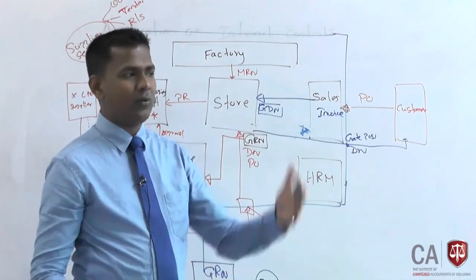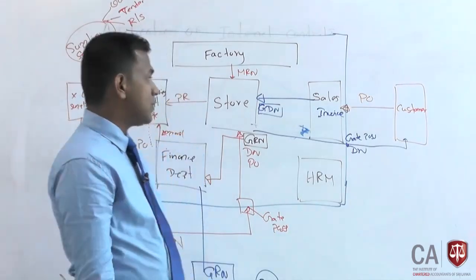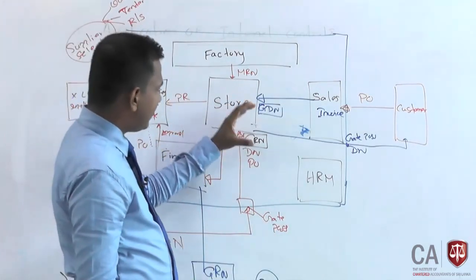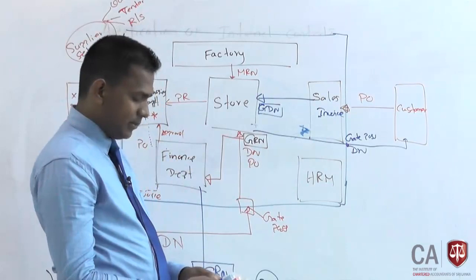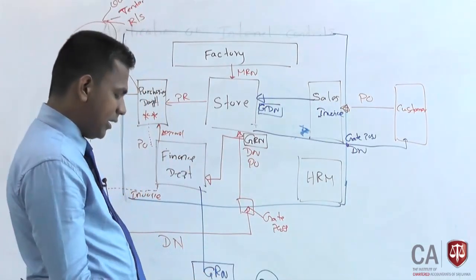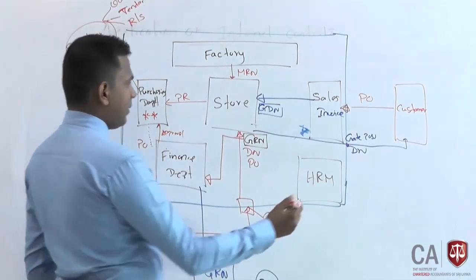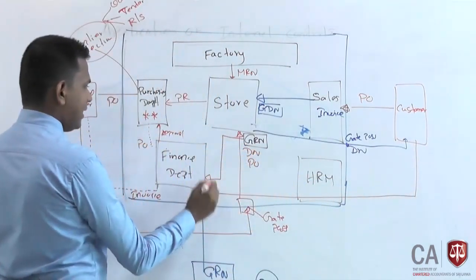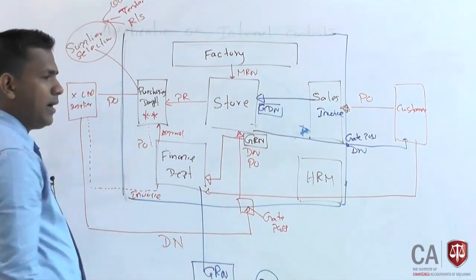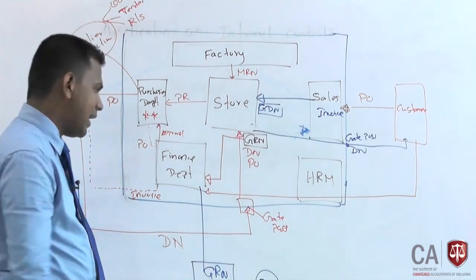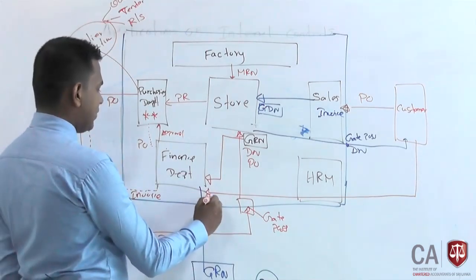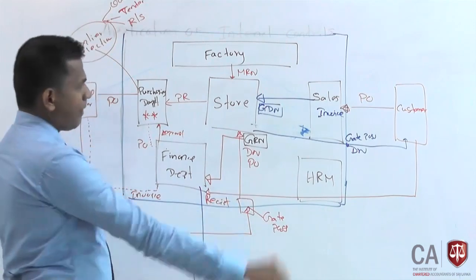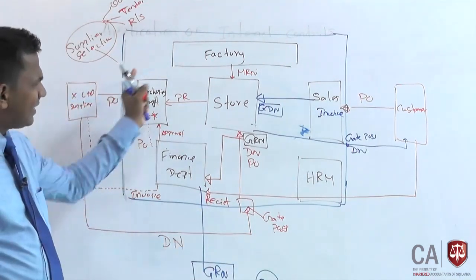Then the goods go to the customer and the customer will receive the invoice. Based on the invoice, the customer will make the payment to our finance department. When the payment is received, ideally you need to raise the receipt, right.